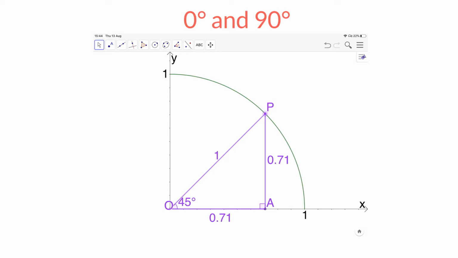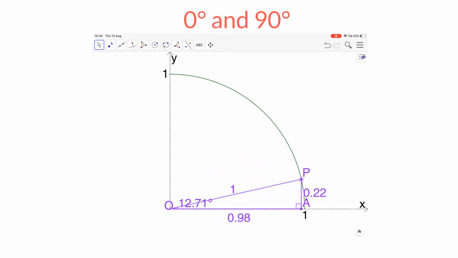Now when I start the animation, look carefully at what happens to the adjacent side and the opposite side as the angle changes. Can you see, as the angle gets smaller, the opposite side gets smaller? So my value for sine will be a small value over the hypotenuse.